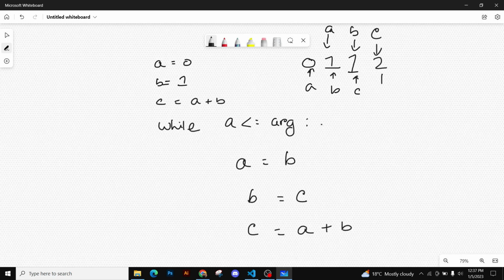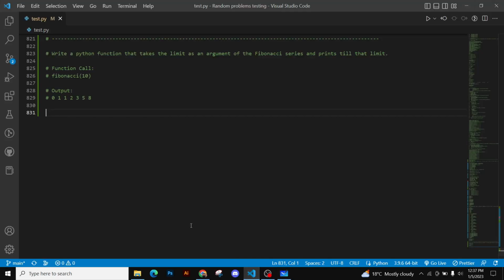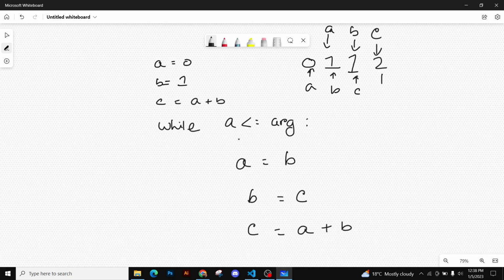Now I have calculated everything, but I have to print the results, right? So what should I print? I will always print the a value. Why? Because initially the value of a was 0, so I have printed 0.